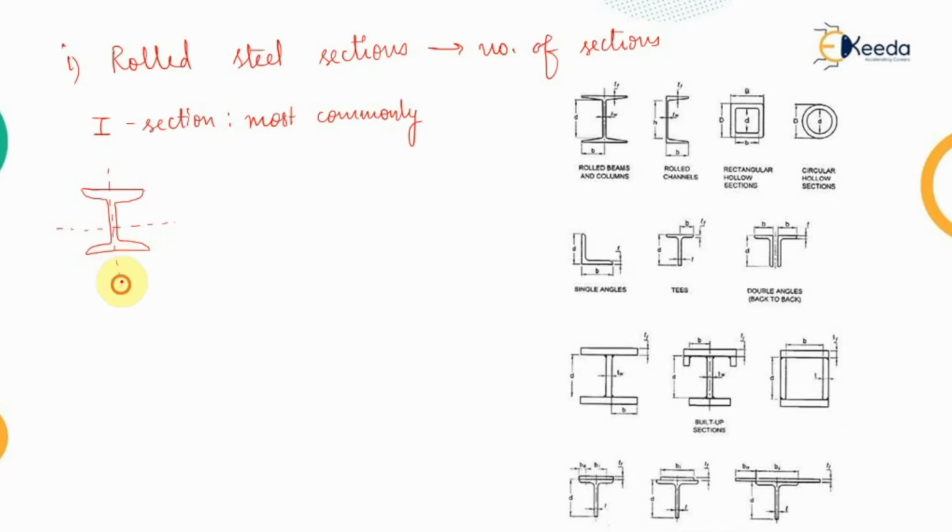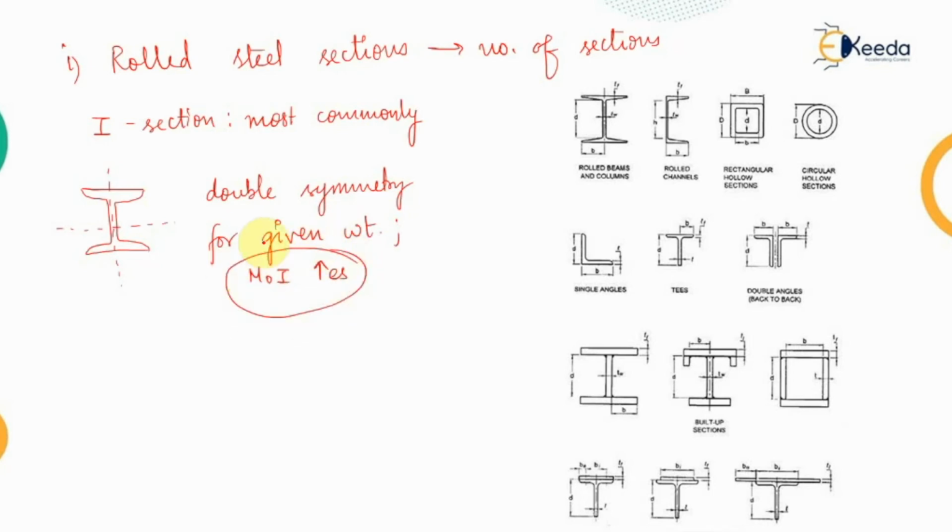The reason for its use is the double symmetry which is achieved, and another reason is that for a given weight, that means if we are using different cross sections of the same weight, the moment of inertia for an I section is maximum, or higher than the other sections.